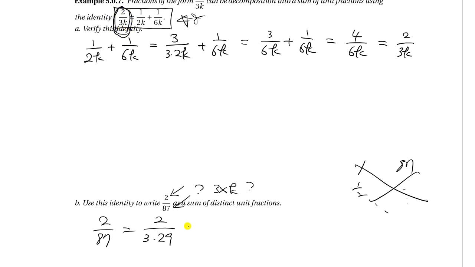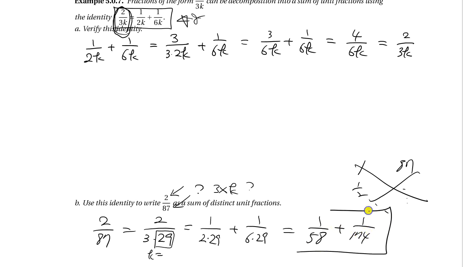Then by the formula, we can treat k equals 29. So 2 over 3k must be decomposed into 1 over 2k, which is 29, plus 1 over 6k, so 6 times 29. So it must be the same as 1 over 58 plus 1 over 174.